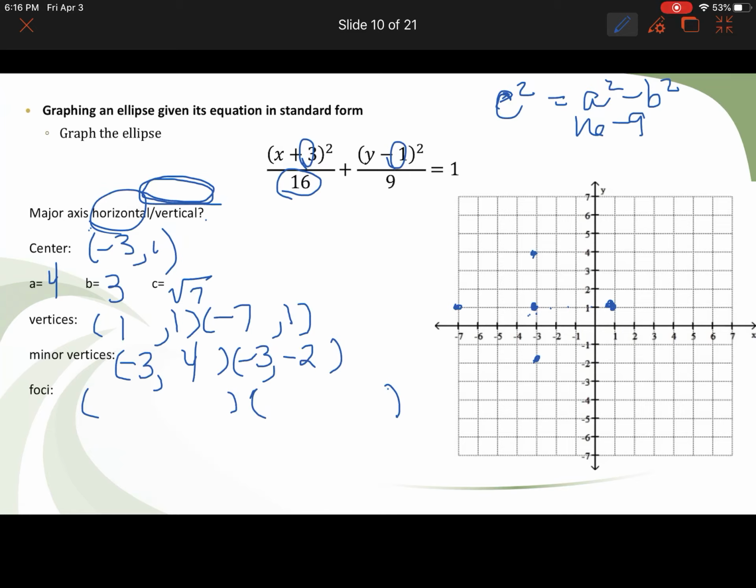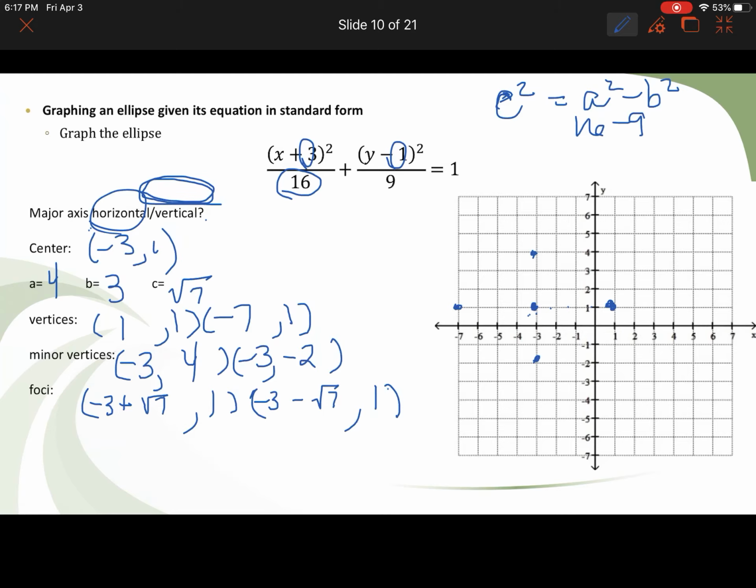Give myself a little more room. So remember that the foci are on this major axis, and so they have the same y value as the center and the vertices, so they end in 1. Right? But now we don't have quite as nice a number. And I know some of you will want to plug it in your calculator and get an approximation, but it's just fine to leave it exact and to say it's going to be -3 plus square root of 7 and -3 minus square root of 7.